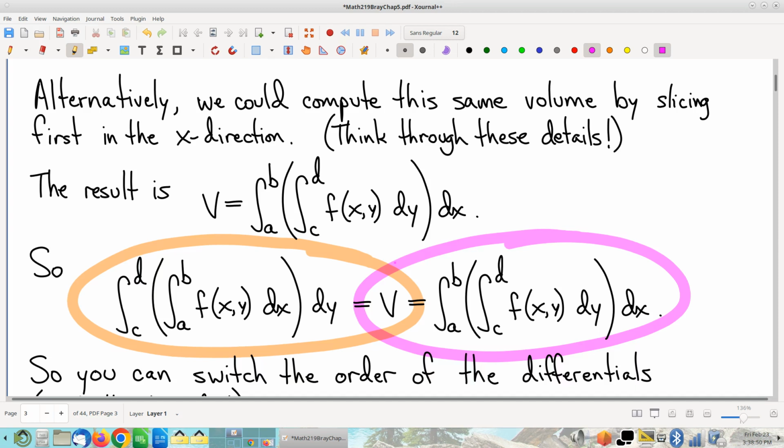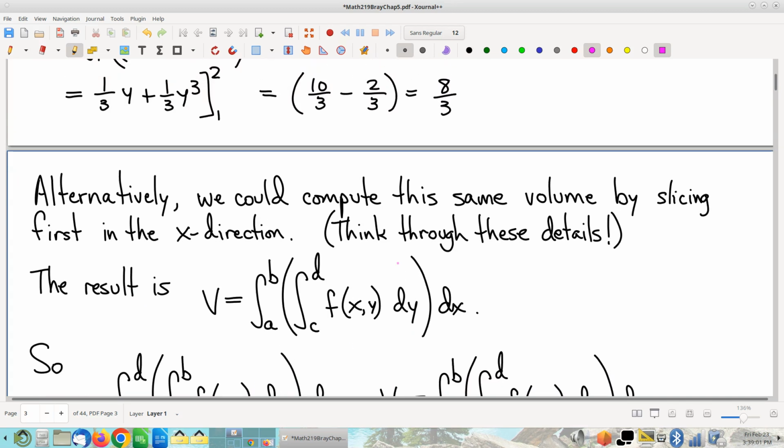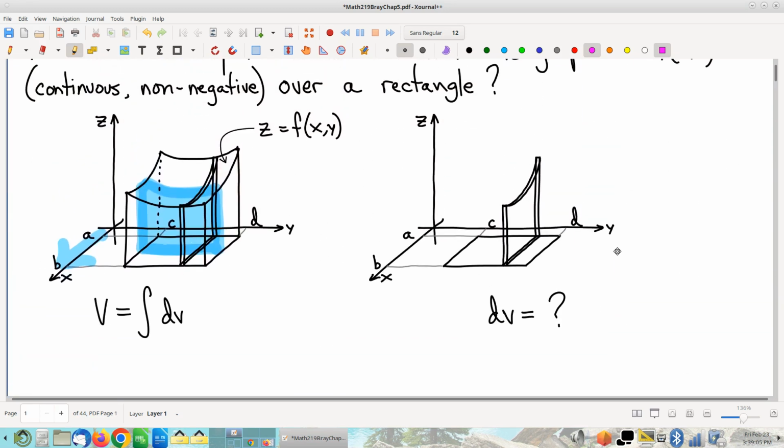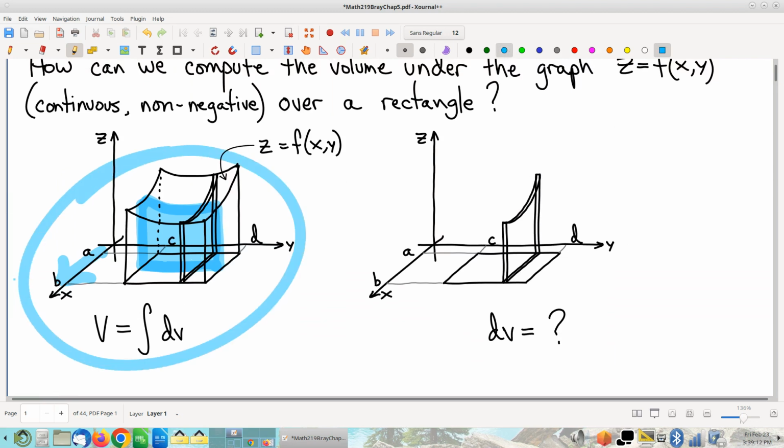Is that believable? Now that said, you can take this as a given, but I think it's a really fantastic exercise to think through these details. So take what we did here, where we sliced in the y direction, and instead slice in the x direction.